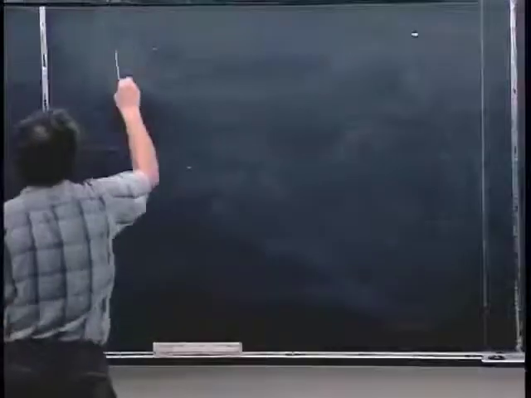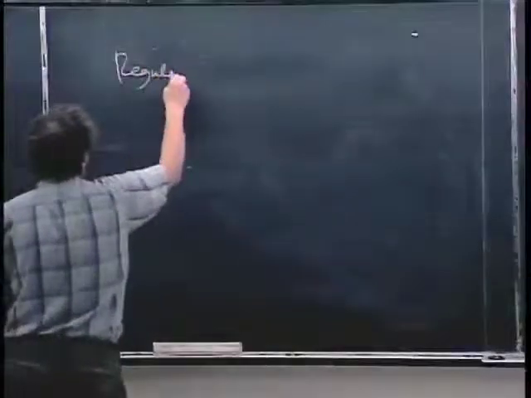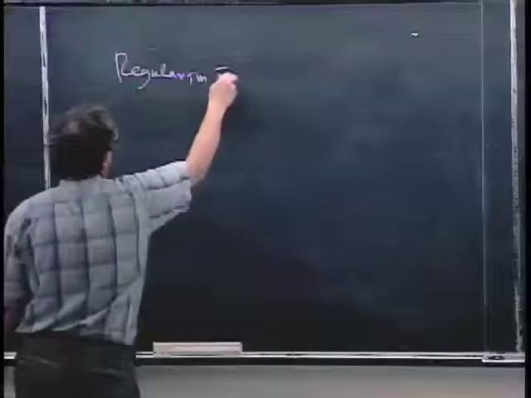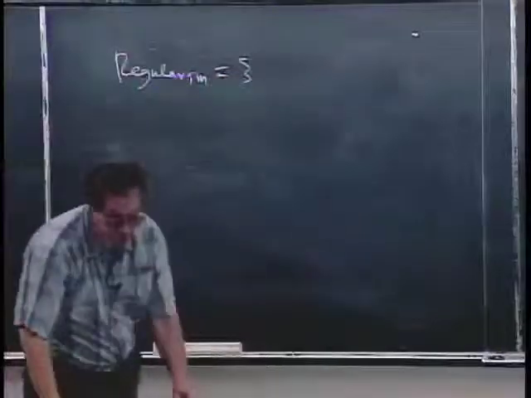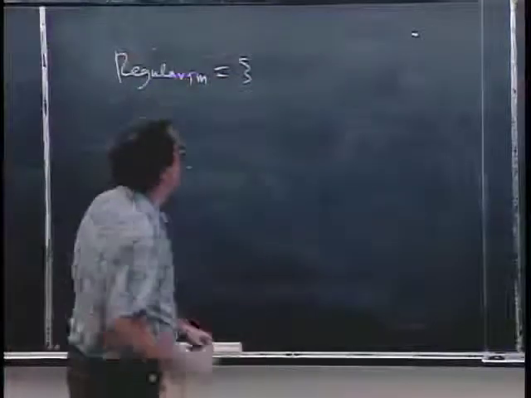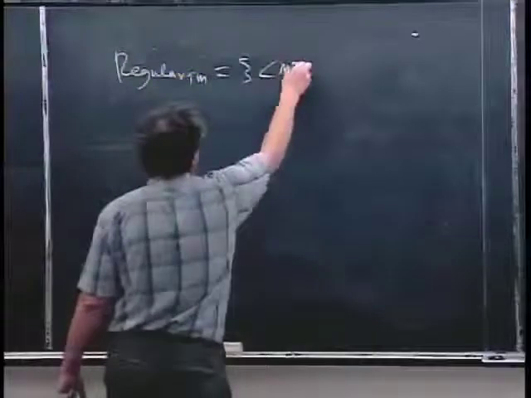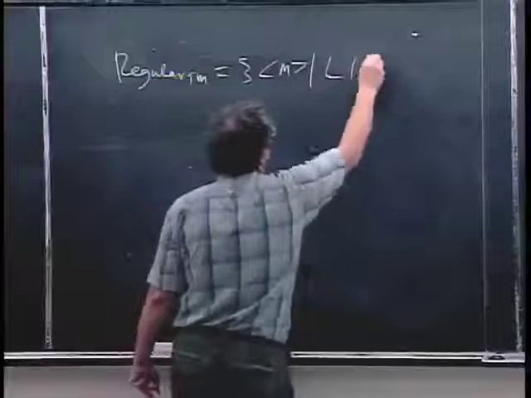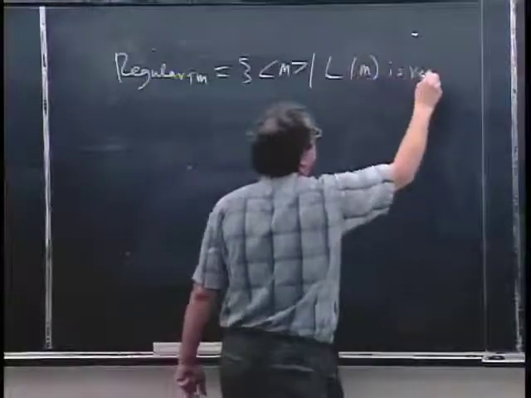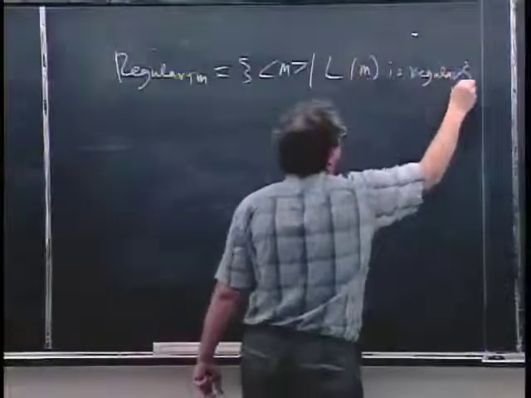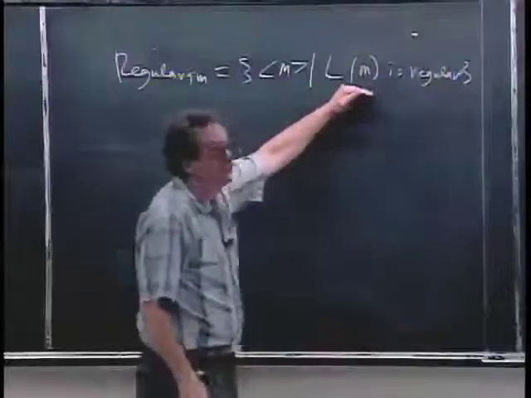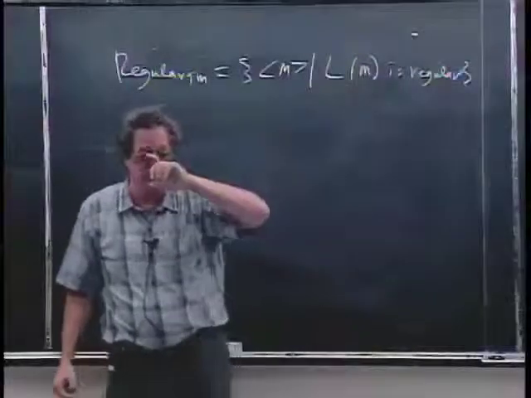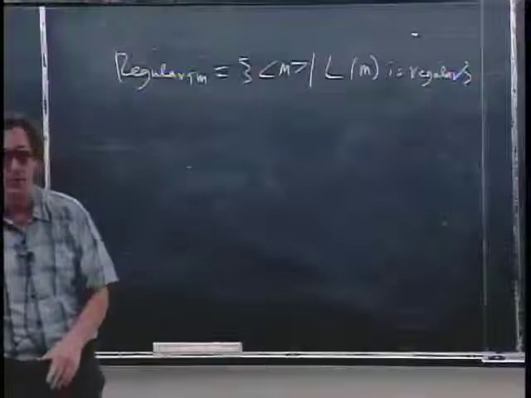Okay, so the statement of this problem is REGULAR_TM: it's the set of Turing machines M such that L(M) is regular. So this is a property of the language. We've studied regular languages. A language is either regular or it's not.